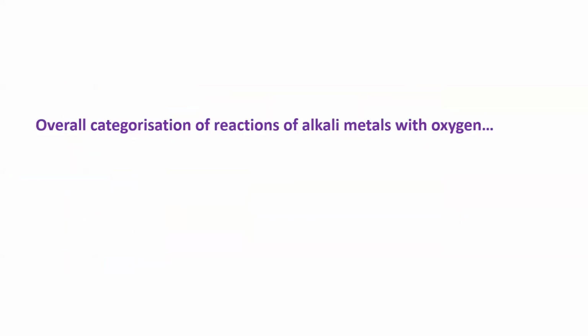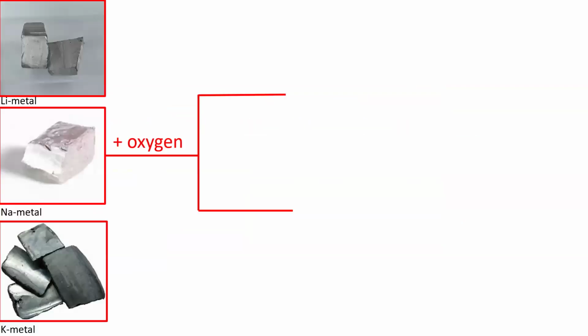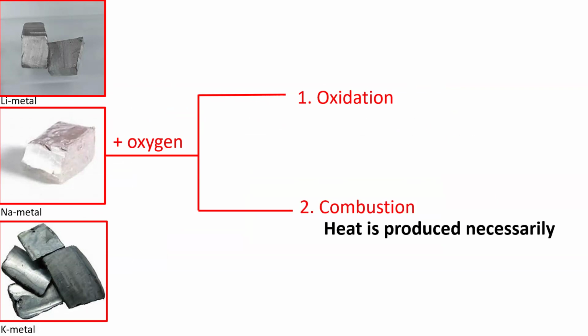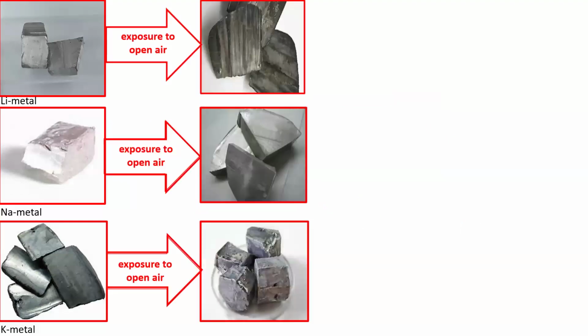If we are overall categorizing the reactions of alkali metals with oxygen, you can have an idea that all other alkali metals like sodium can react with oxygen and it can show either oxidation or combustion. Both are actually reactions with oxygen, but in combustion necessarily some heat is produced.